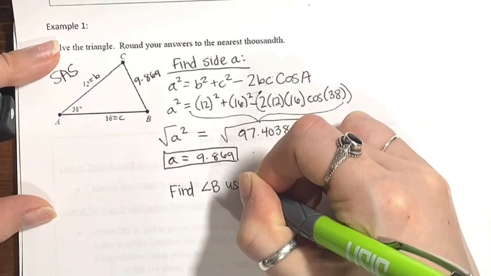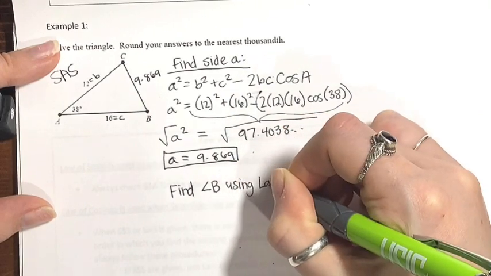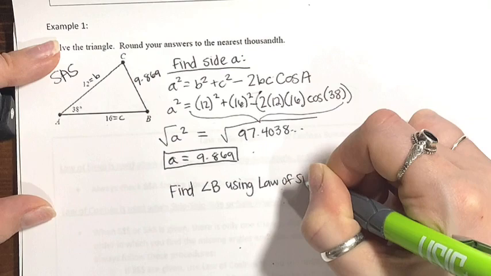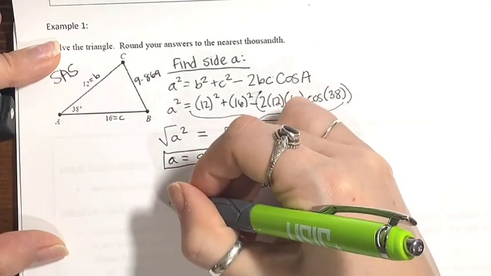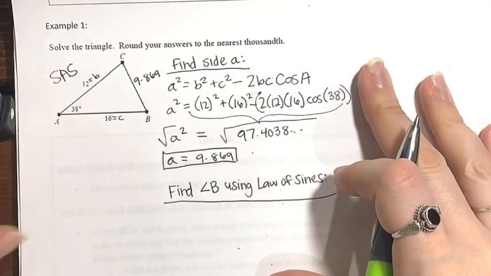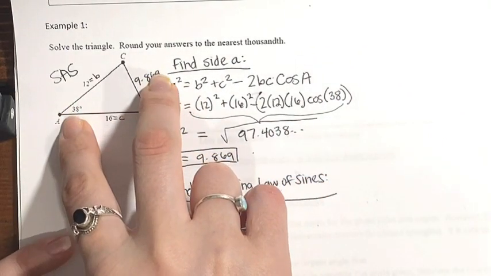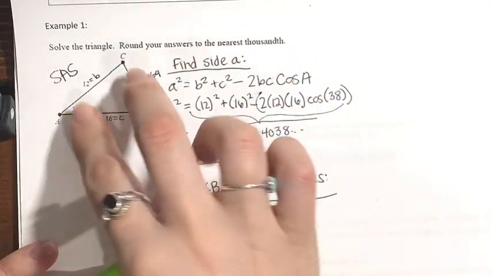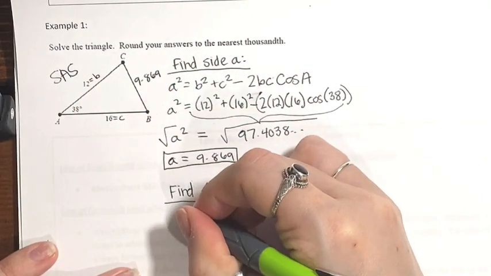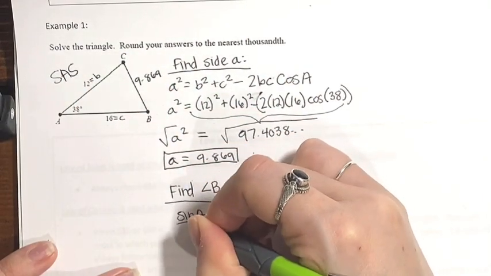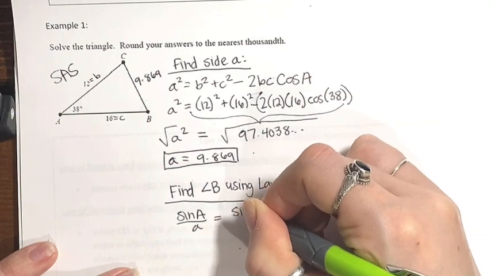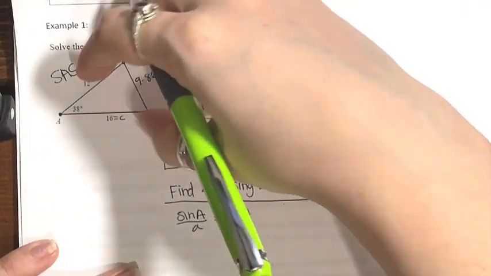And we're going to use law of sines now, since it's going to be less work than doing law of cosines. So remember, for law of sines, we're going to take the pair that we have both parts. So for this case, it's going to be the A's. So I'm going to do sine of angle A over side A and set it equal to sine of the ones that we're trying to find, which are the B's.